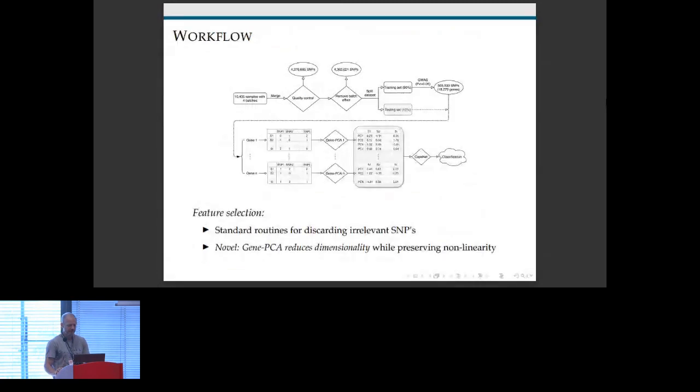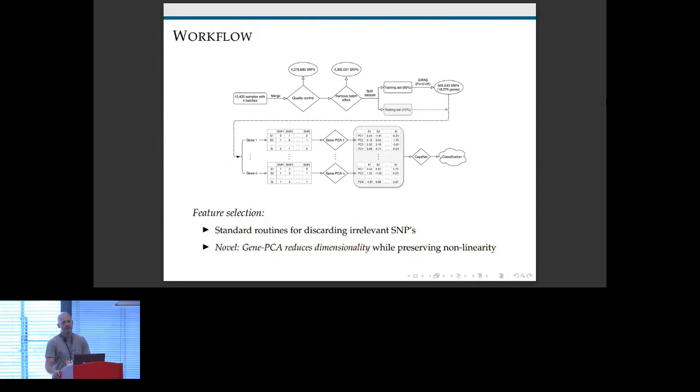This is the workflow. It is all the normal GWAS steps: we clean the data and remove artifacts, batch effects, population bias, and so on. Then in the end we have gene PCA as a novel protocol.